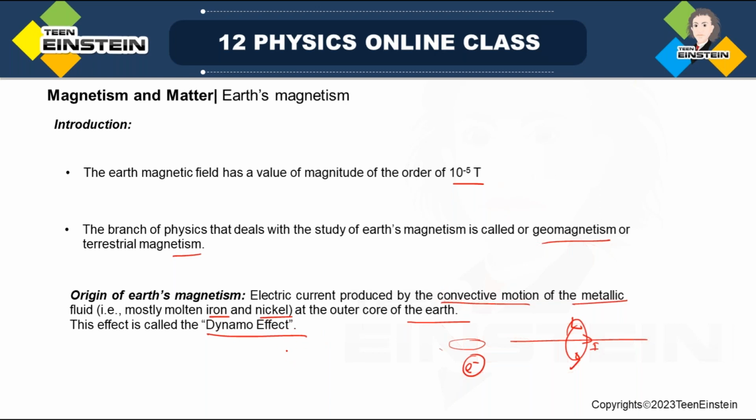So iron and nickel are good magnetic materials. We'll be discussing this further. Actually, the origin of magnetism is the unpaired electron.